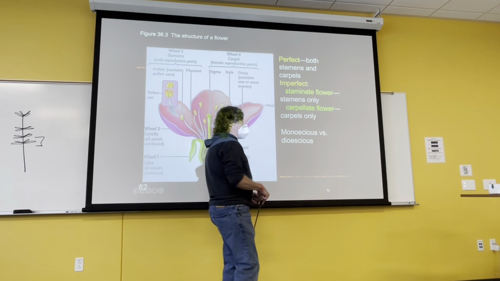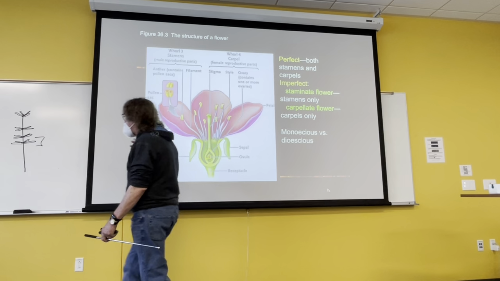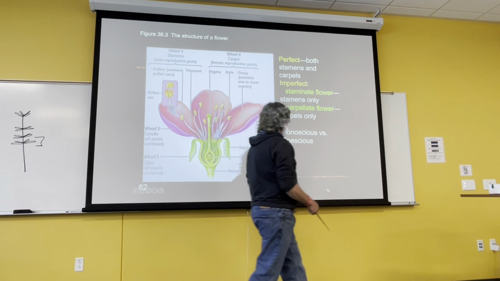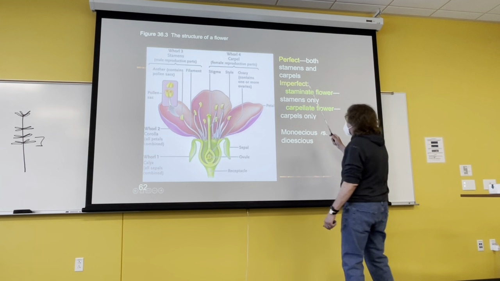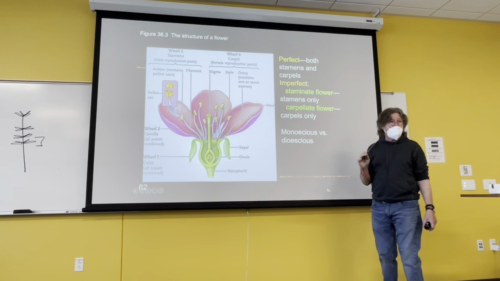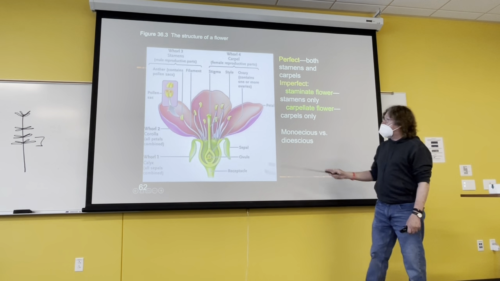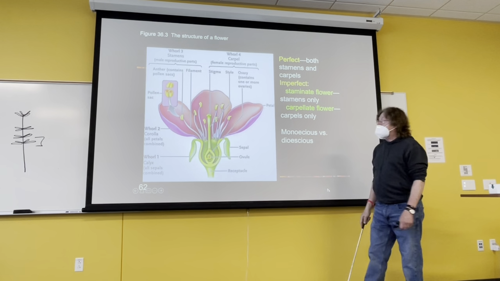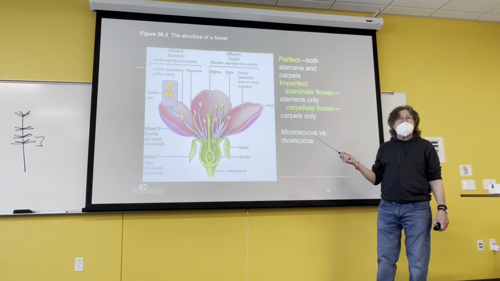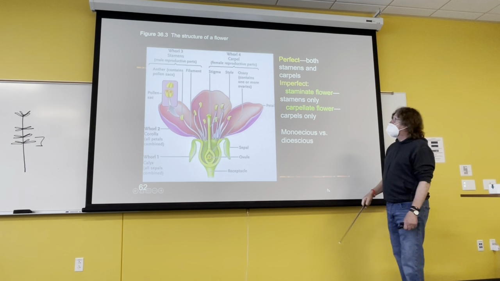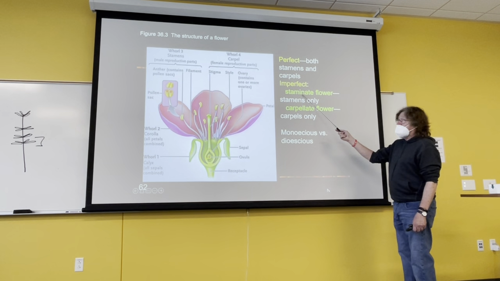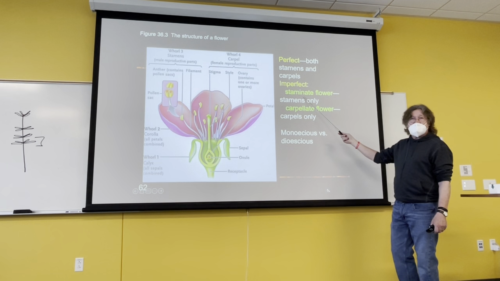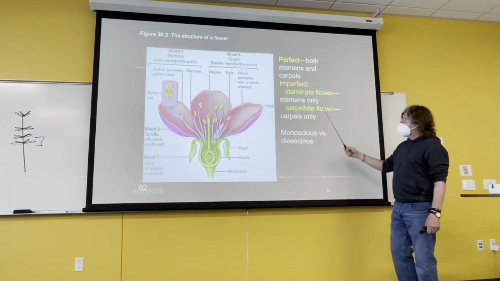Another two words, which you'll get in lab, so I'm not going to talk about it too much here, are complete and incomplete. Complete is if it has all four flower parts. It's incomplete if one of them is missing. So a staminate flower, by definition, is incomplete because it's missing the carpel.